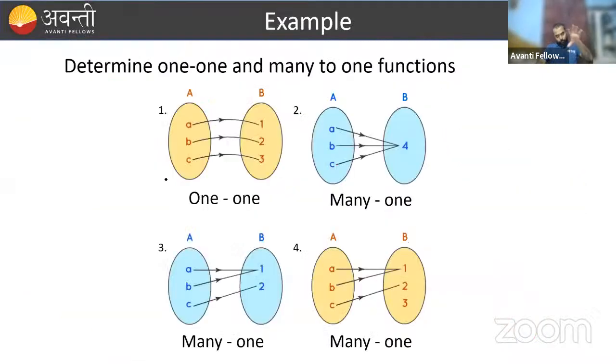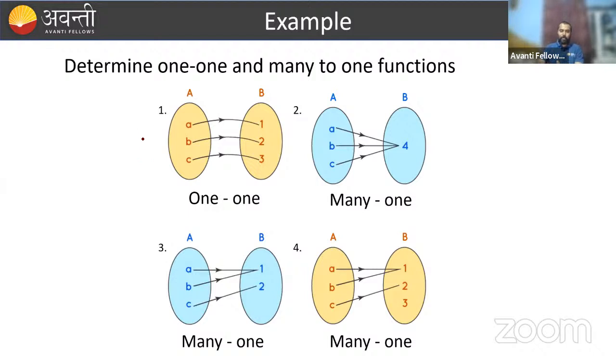From the given graphs or mapping diagram, anyone can say, where is my pointer? Oh, is it blue? Chalo. From the given mapping diagram, anyone can say which of the following are 1-1 or many-1. Many-1 means those are not 1-1, right? Those are many to 1, not 1 to 1.